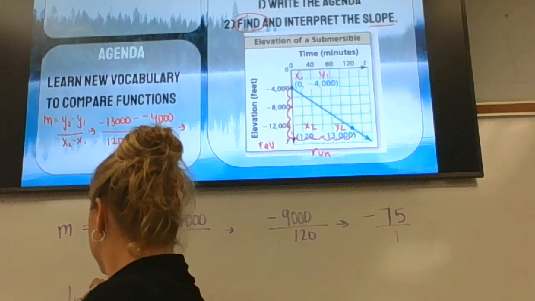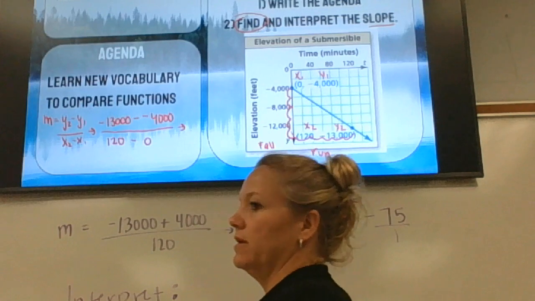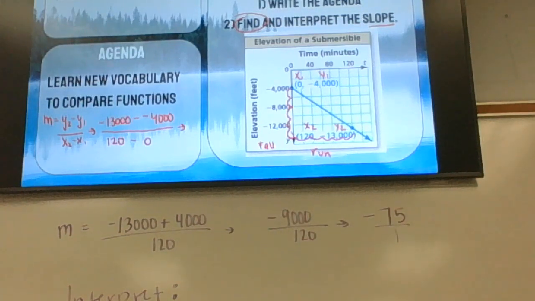So, interpret. That means we're going to describe it with words. Okay, so it's fall over run. So fall is the x and y axis. And did I tell you yesterday that in physics they write change in y as a triangle?